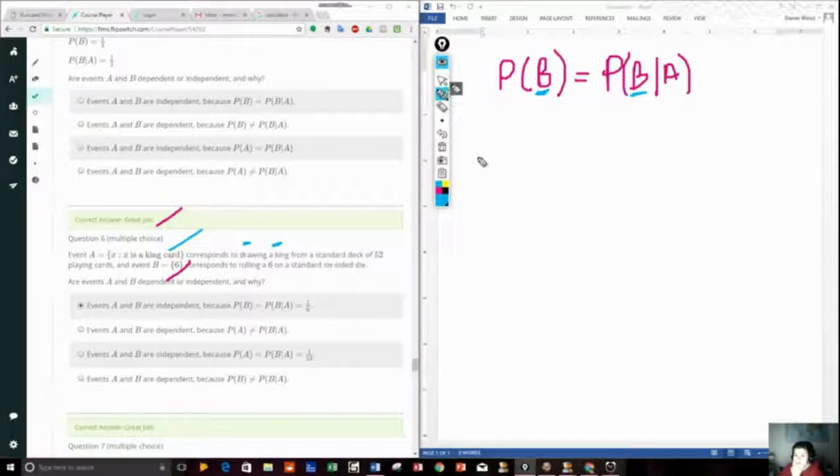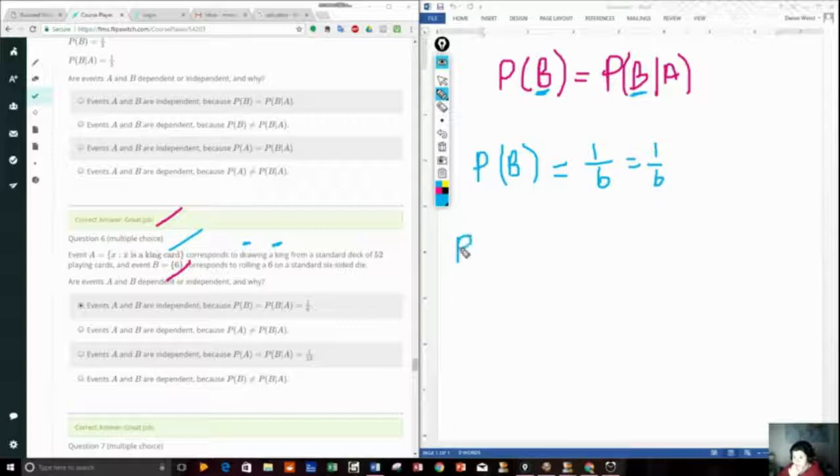So if we found the probability of B, which is rolling a 6 on a standard die, so probability of B is going to be 1 out of the 6, which equals 1/6. It's not reduced at all.